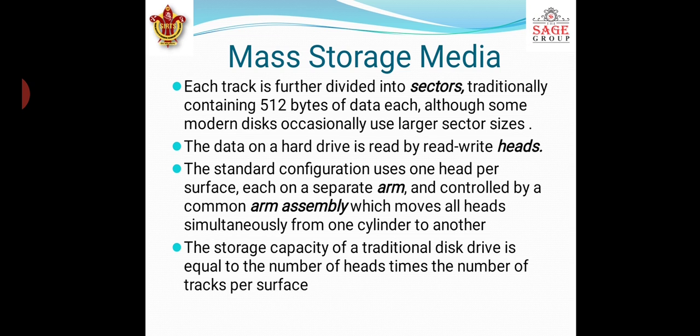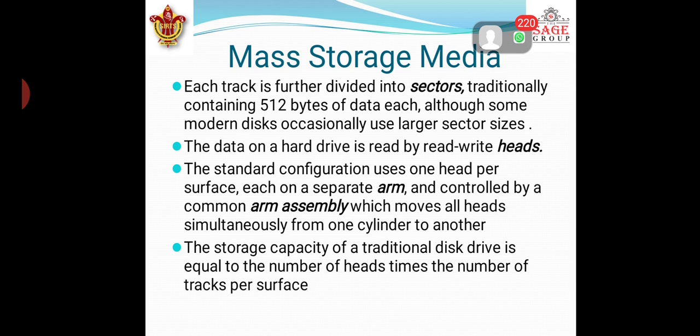Each track is further divided into sectors traditionally containing 512 bytes of data each, although some modern disks occasionally use larger sector sizes. The data on a hard drive is read by read-write heads. The standard configuration uses one head per surface, each on a separate arm and controlled by a common arm assembly, which moves all heads simultaneously from one cylinder to another.